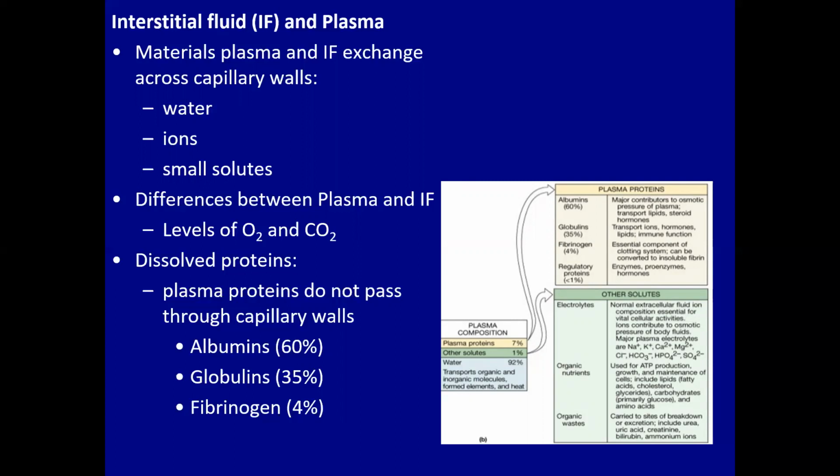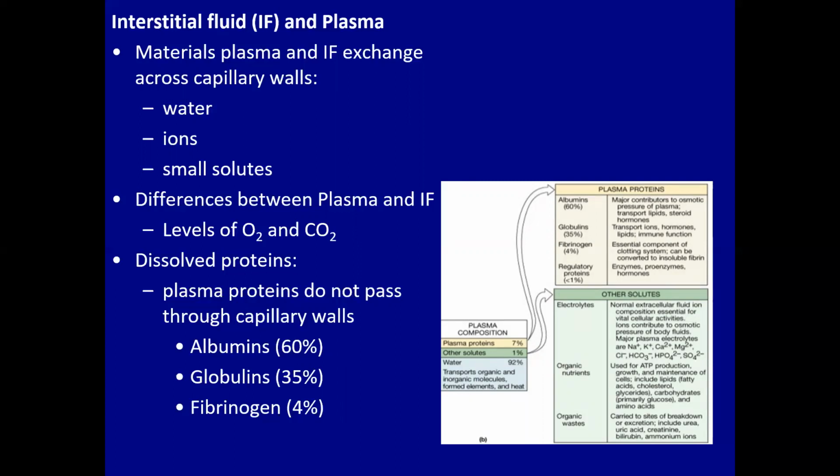The dissolved proteins that are in our plasma actually don't pass through the capillary walls. So let's just pause for a minute and think about this. When we learned about proteins in ANP1, one of the things I kept trying to impress on you is that proteins have great difficulty going through a cell wall. They're big, they're bulky, they just don't make their way through.